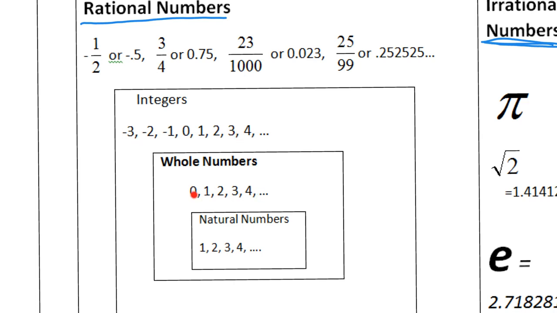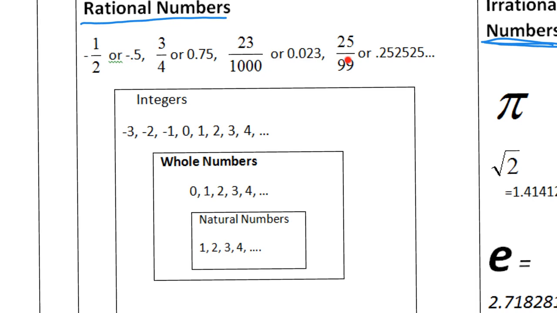Whole numbers, obviously, not fractions, not decimals. Natural numbers, not fractions, not decimals. But with integers, we do have the whole numbers in those integers, and we also have the natural numbers in those integers.